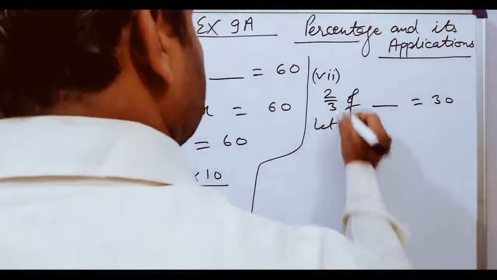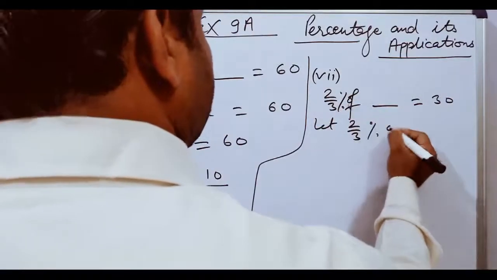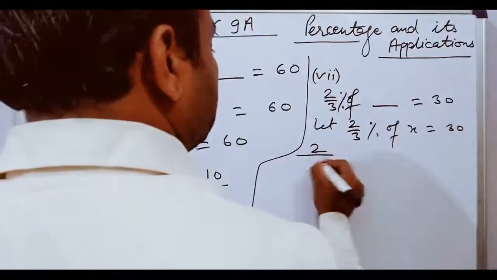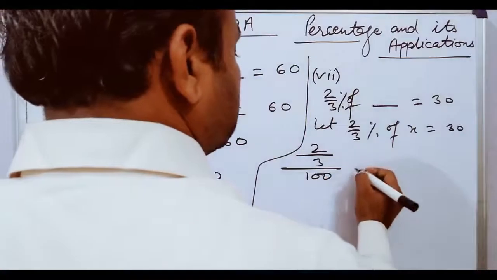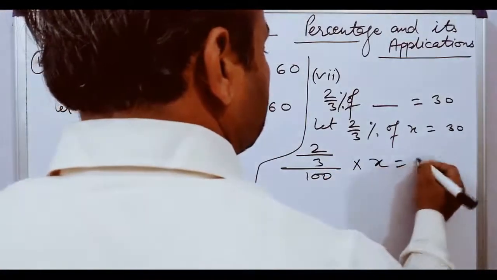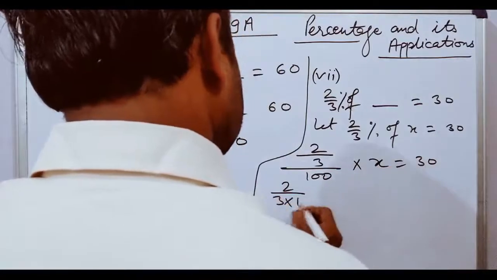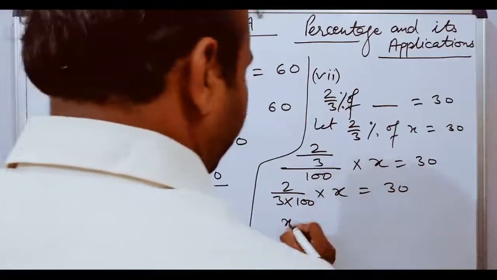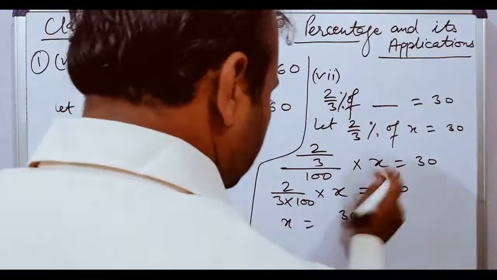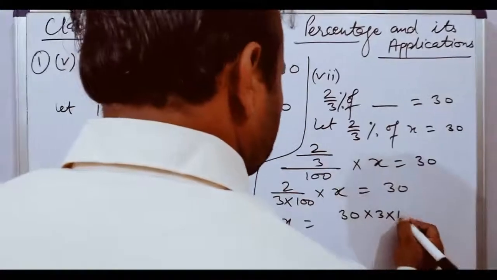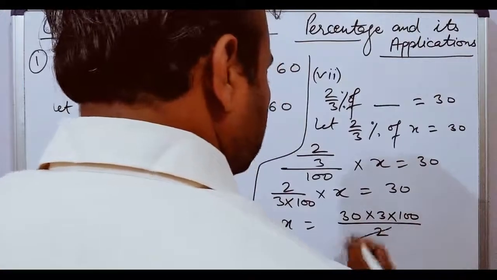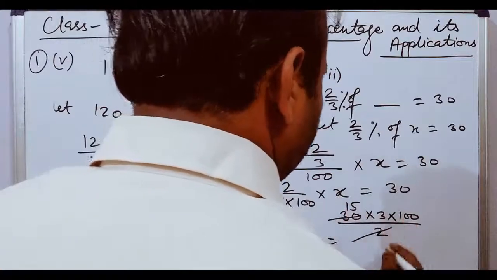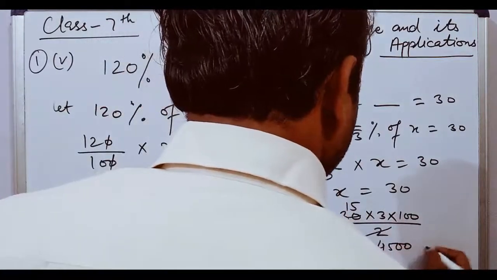Let 2 upon 3 percent of x equal 30. 2 upon 3 upon 100, of means into x, equals 30. 2 upon 3 into this into x equals 30. x equals 30 cross multiplication into 3 into 100 upon 2. 2 15s are 30, it is 15. 15 3s are 45 into 100, 4500.